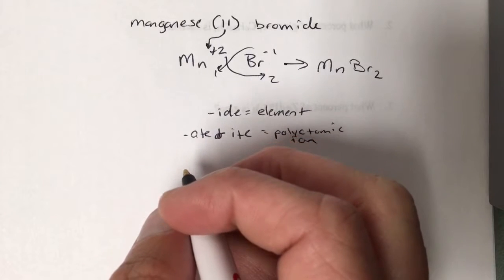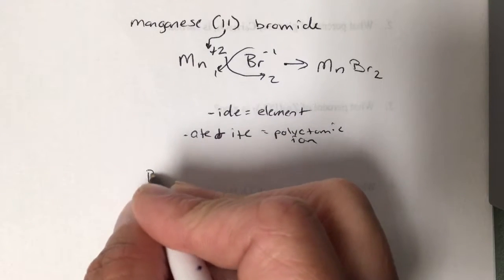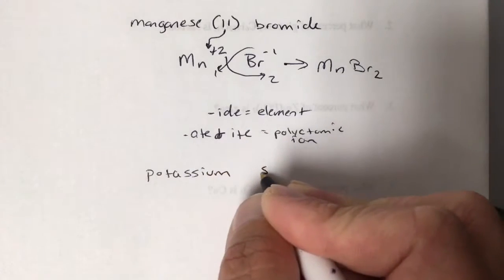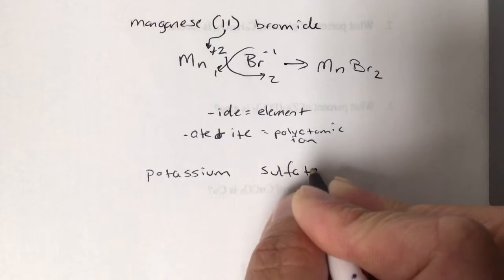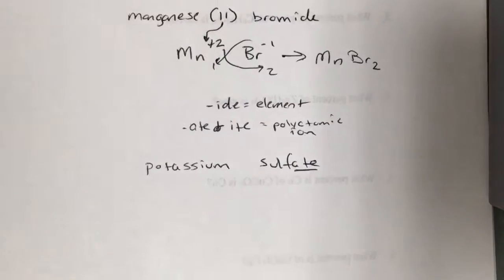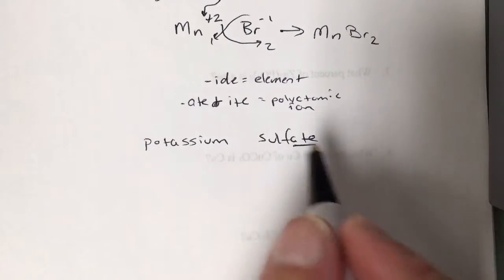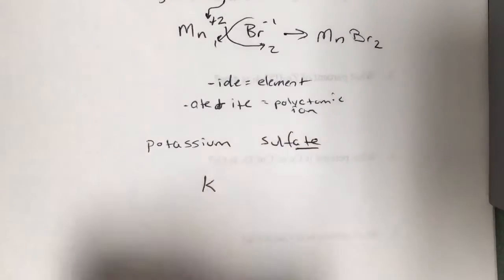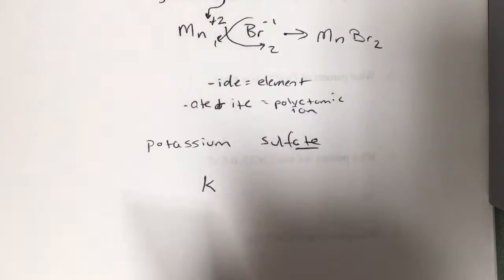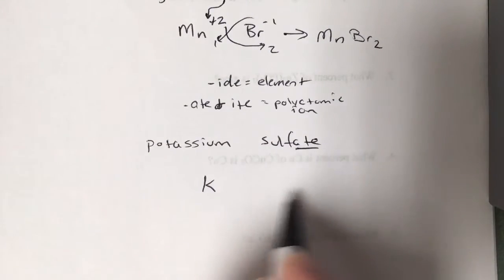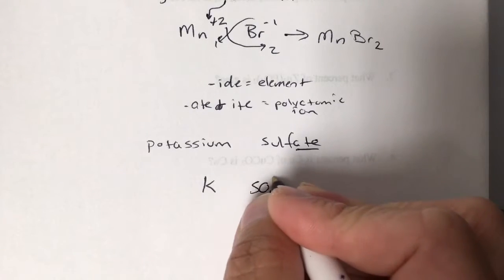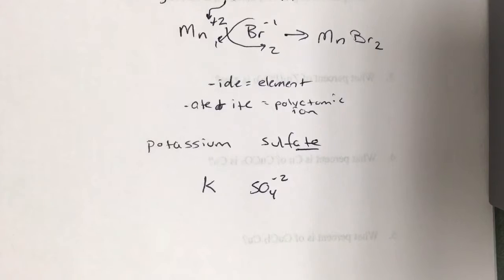If I instead had something like potassium sulfate, that ATE on the ending tells me my second half is a polyatomic ion. Potassium's just K, that's an element. The ATE means it's not just sulfur over here, it's sulfate, which we have to know is SO4, and it has a -2 charge.